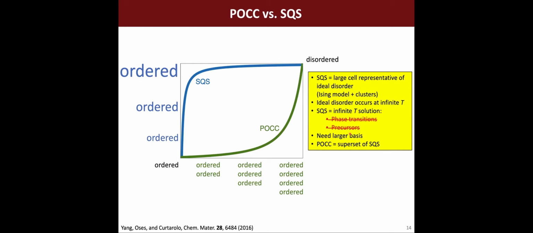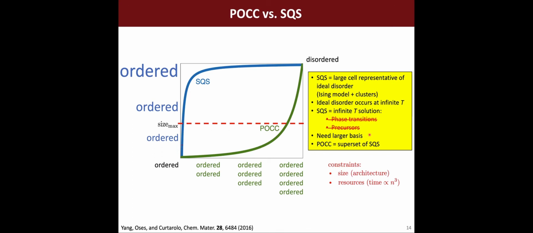So SQS, as I've been hinting at for a while now, is not going to be very good when we want to model coming out of the phase transition and in finite temperatures. Okay, that transition from the precursors to the disordered system, SQS is not going to be very good for modeling it there. It's going to be really great for modeling the infinite temperature solution. What you really need is a basis or an ensemble set. And so from that perspective, POC is really a superset of SQS structures. Okay.